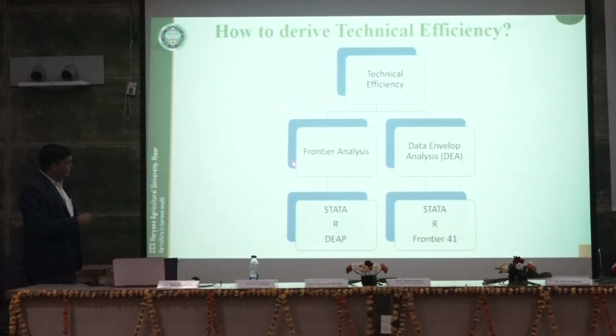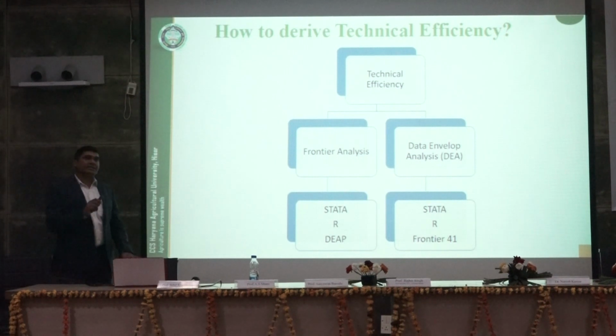In parametric we have some distribution, for example normal distribution, truncated normal distribution, half normal distribution, exponential distribution. The next question is how to decide which distribution is used to find out the inefficiency.